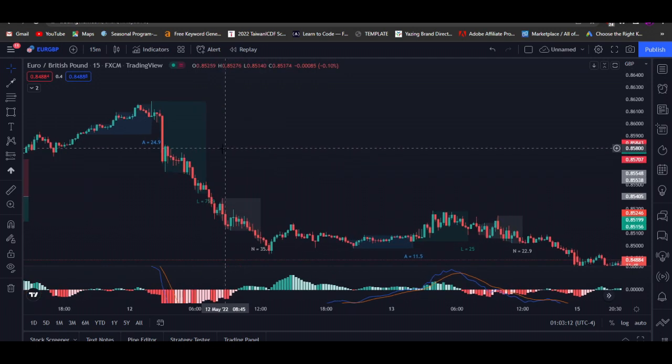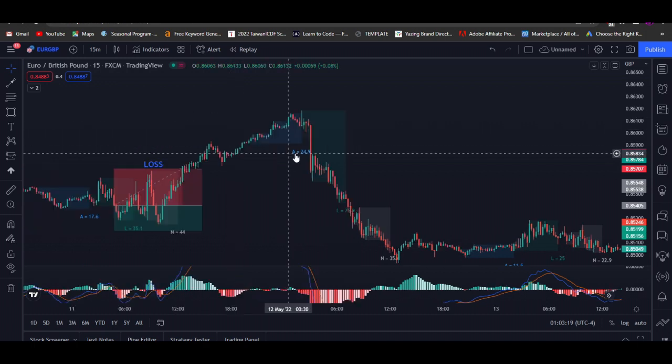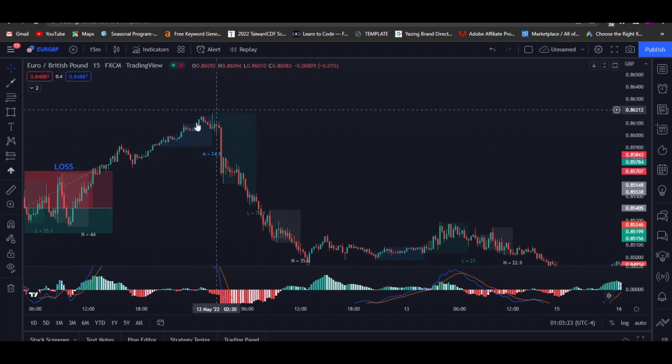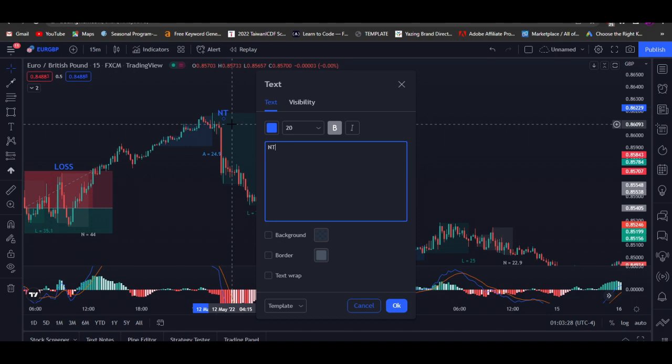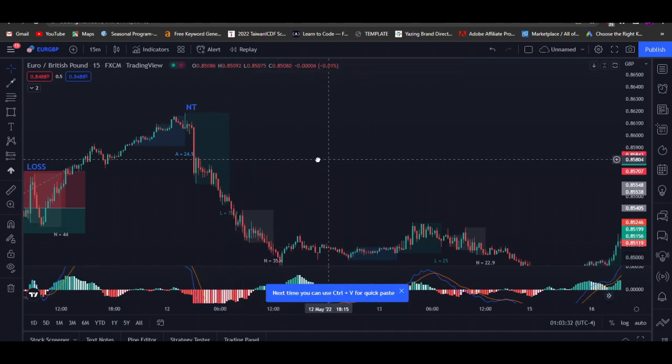But if you look closely, price gave us a reversal sell setup right here, which does not go along with our strategy. So this is a no trade. We mark that as a no trade. NT stands for no trade.